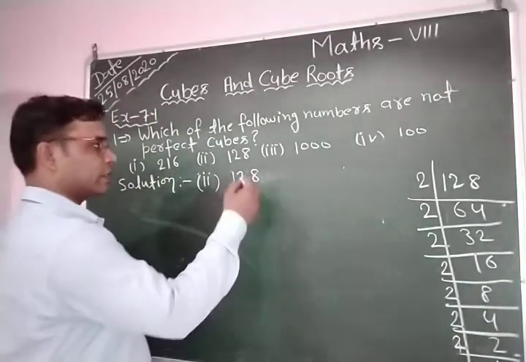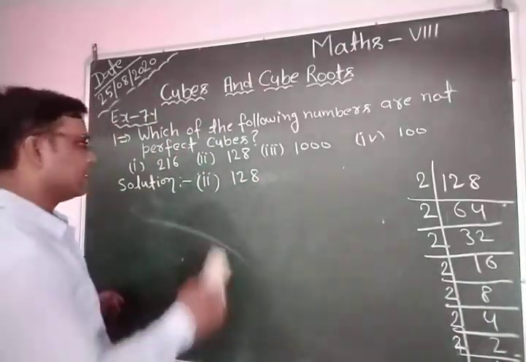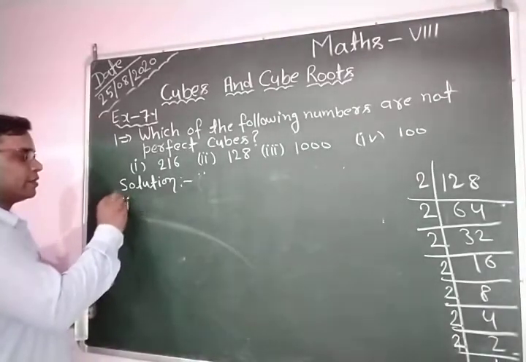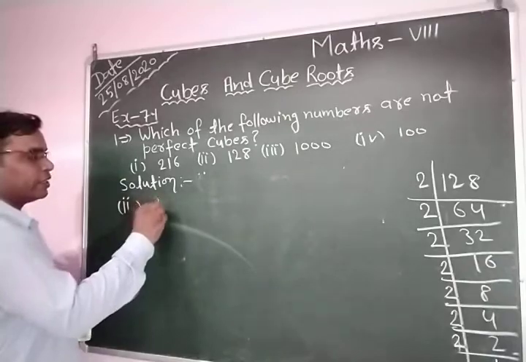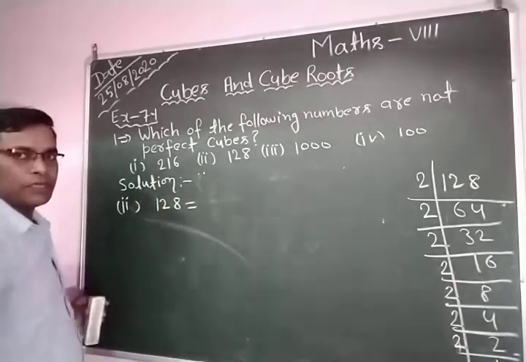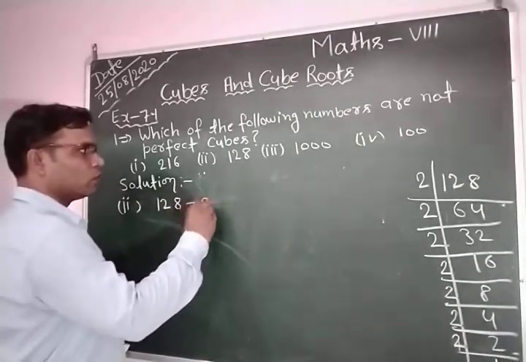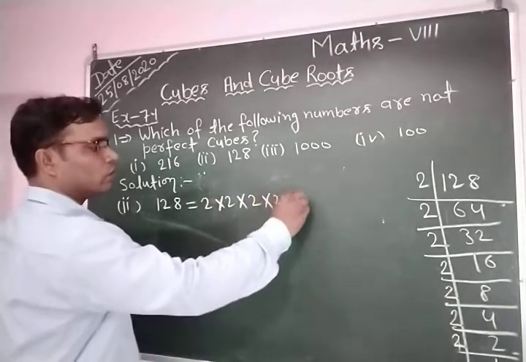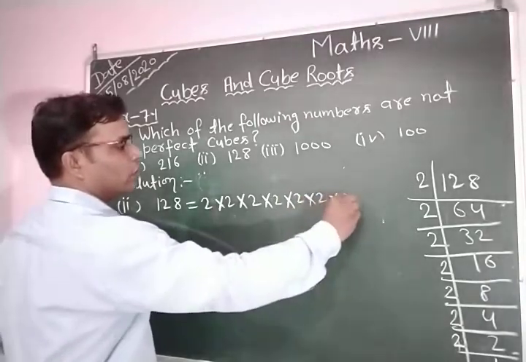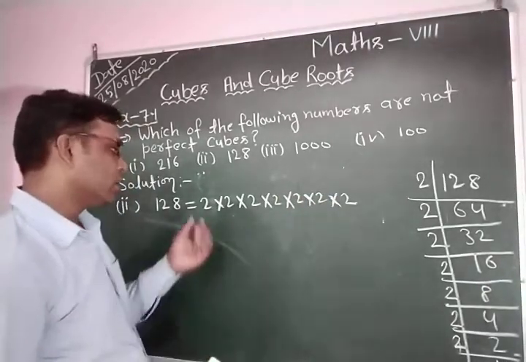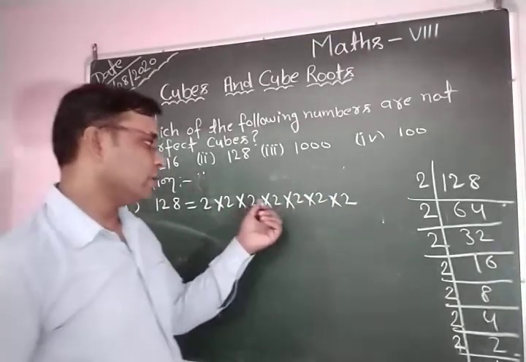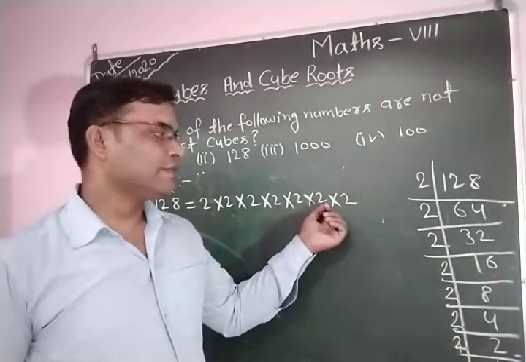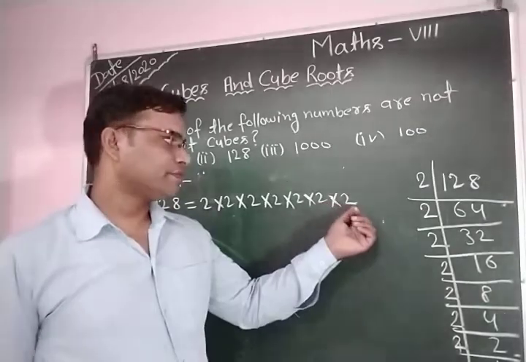So you can express 128 as the product of prime factors: 2 into 2 into 2 into 2 into 2 into 2 into 2.